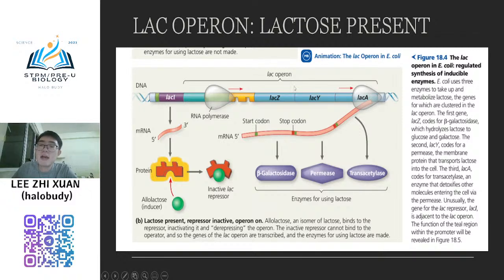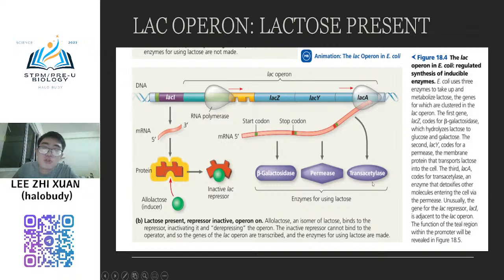Our lacA, lacY, and lacZ genes will start to produce mRNA strands, three different mRNA strands. After that, translation occurs by the tRNA in the ribosome, producing the respective enzymes. lacA becomes transacetylase, lacY permease, lacZ beta-galactosidase.